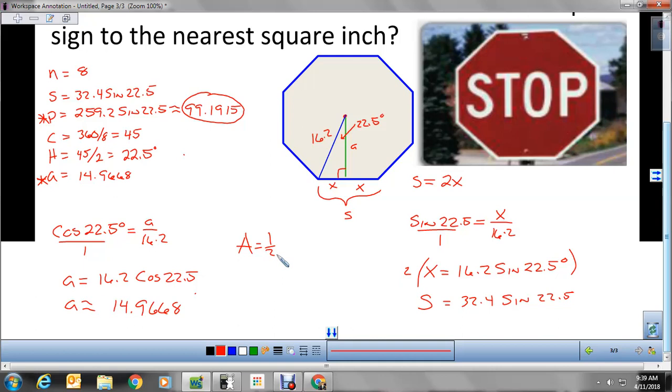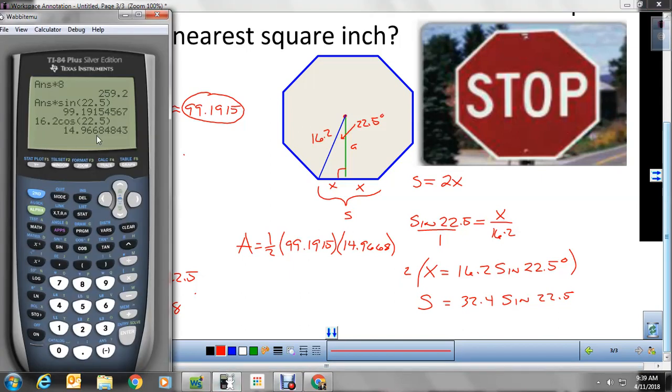Area is equal to 1/2 times our perimeter, which is 99.1915. And our apothem is 14.9668. So now we'll go back to our calculator. We've already got the apothem in here, so we'll just say times 99.1915.